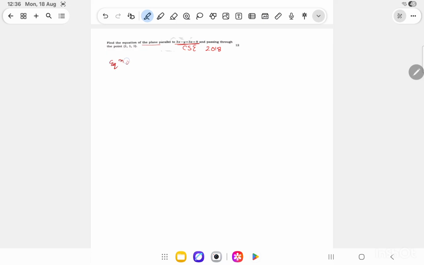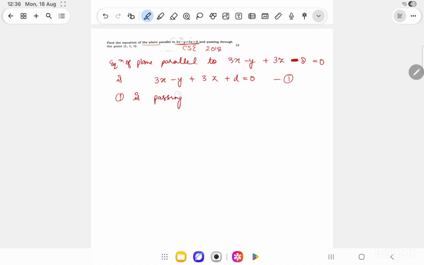So equation of plane parallel to 3x minus y plus 3z equals to 8 is 3x minus y plus 3z plus t equals to 0, and it is passing via point 1 comma 1 comma 0.